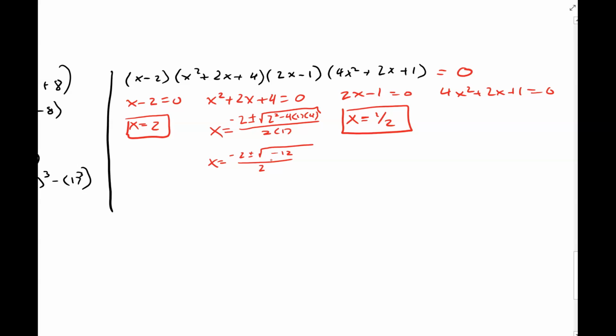What happens when I have a negative underneath a square root like that? Well, how do I get rid of the negative underneath the square root?